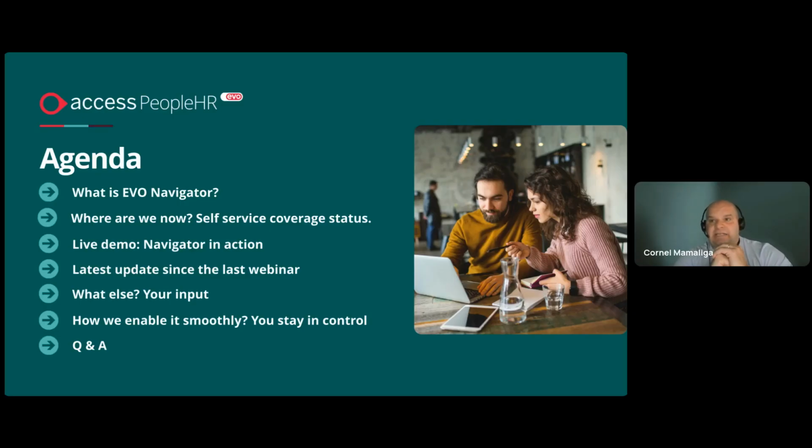I've been joining tens of customer review sessions in the last month, and the main concern you've raised as HR admins is the need for controlling a smooth rollout of the Evo Navigator within your organization. So I will provide some hints around how a smooth enablement may look. In the end, we are going to cover Q&As.